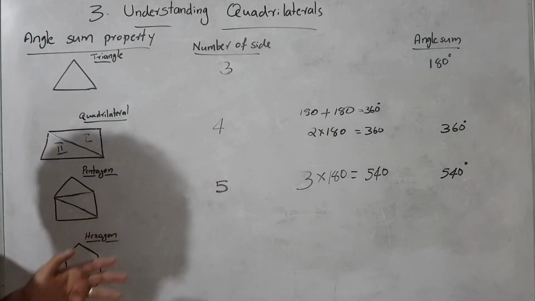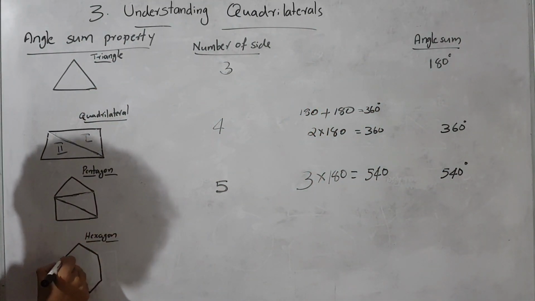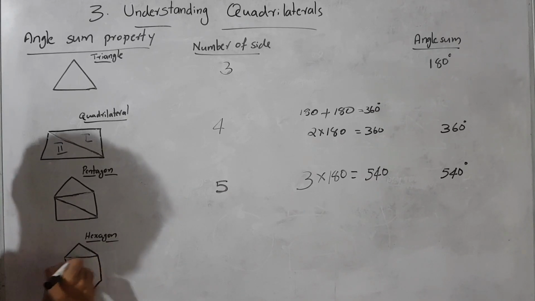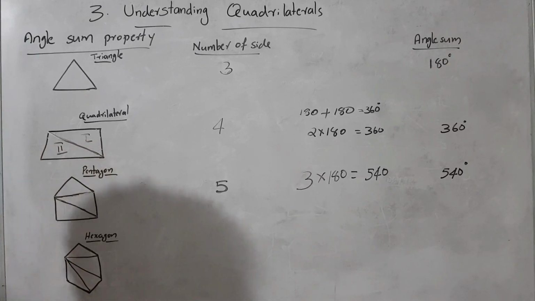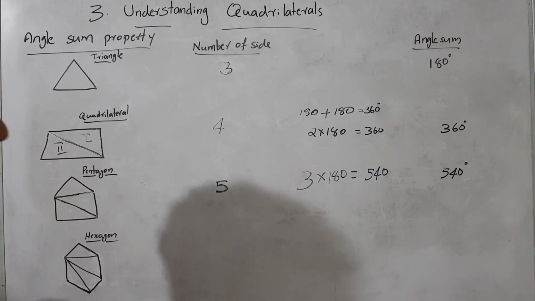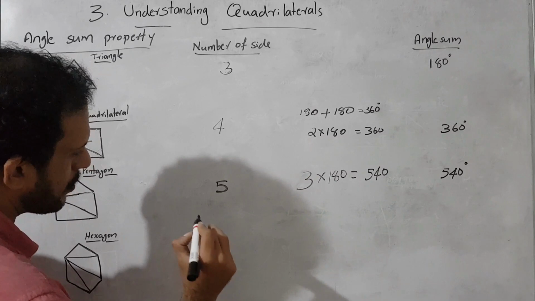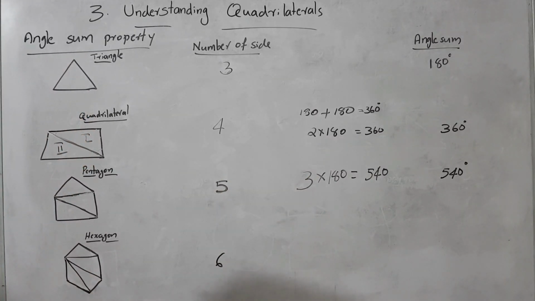Then next we find the angle sum of a hexagon. As here, we divide this one also into triangles. Then we draw the diagonals. What is the number of sides of a hexagon? The number of sides is equal to 6. Then how many triangles do we get? 1, 2, 3, 4.